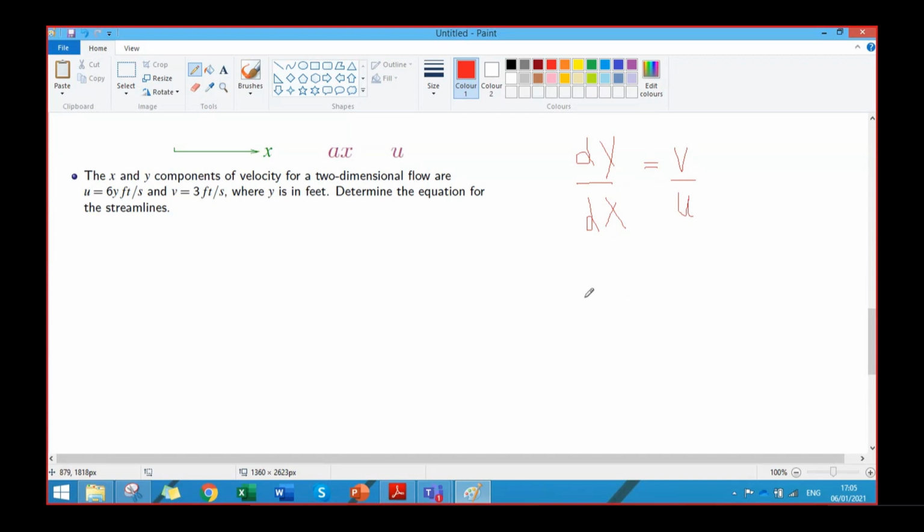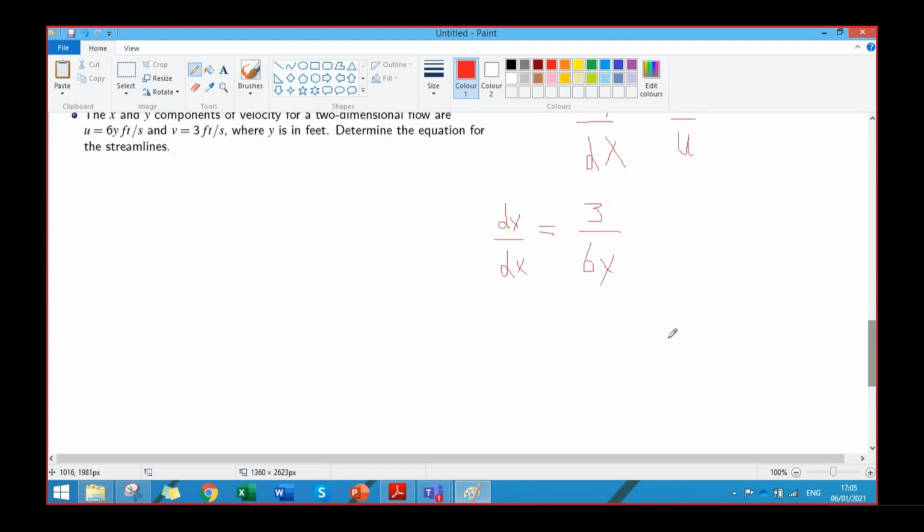So we'll write dy by dx and put the value of v and u. The value of v is given to us as 3 and the value of u is 6y. We will separate the variables. We'll write 6y dy equal to 3 times dx, right?